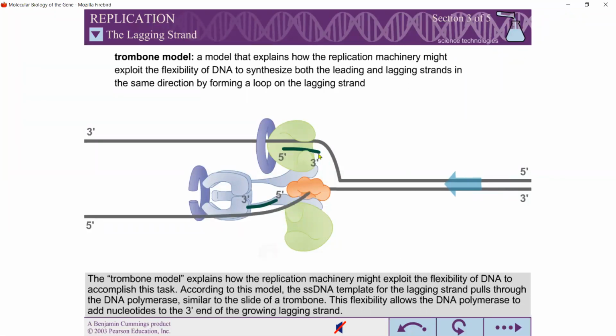If you look at the direction of the primer, it has a 3' end on this side, which is the direction of the replication fork. On the other hand, primase recognized this as the 3' end and started synthesizing exactly in the opposite direction.